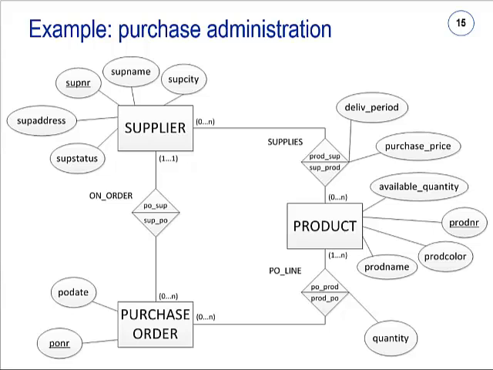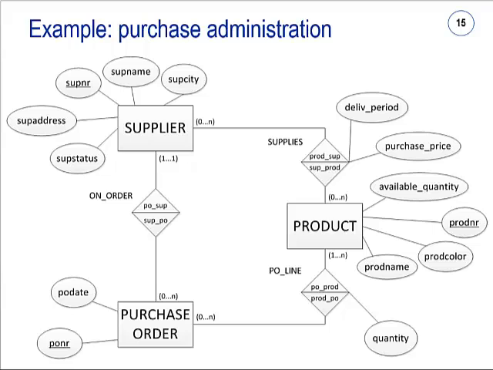Imagine that you have a supplier, John Smith, and a supplier, Sarah Adams, and you have products, pens and pencils. All suppliers, John Smith, Sarah Adams, can supply pens and pencils. So in order to know the price for a particular product, you also need to know the supplier. So John Smith can actually supply pens at a price of, I don't know, €5 and a delivery period of 1 month.